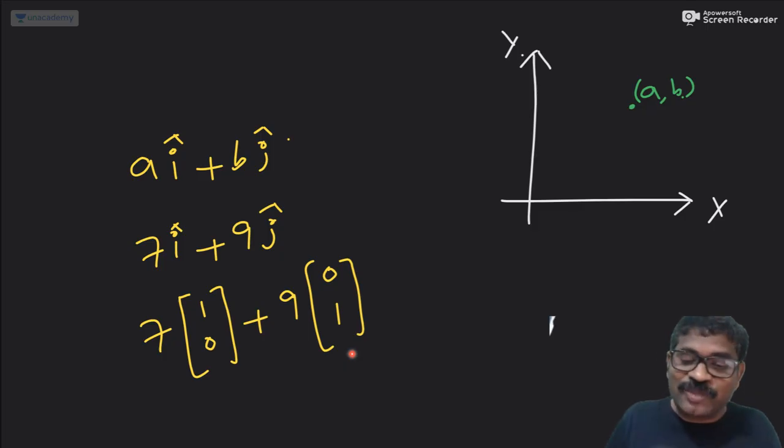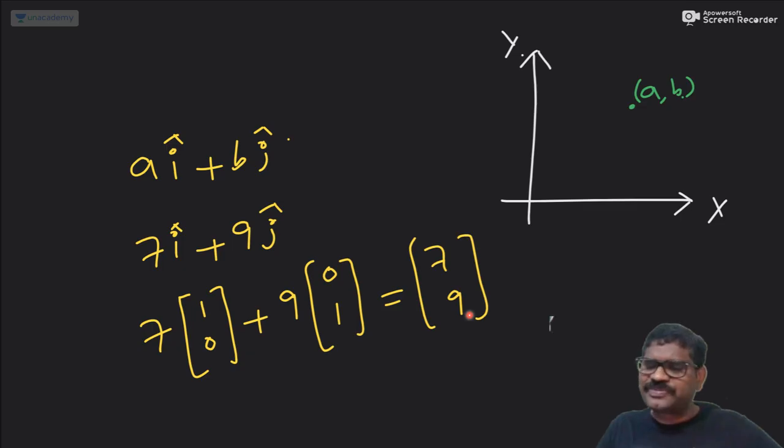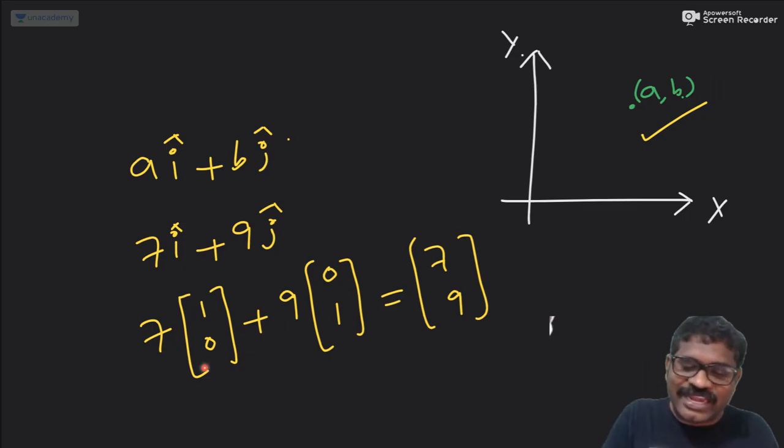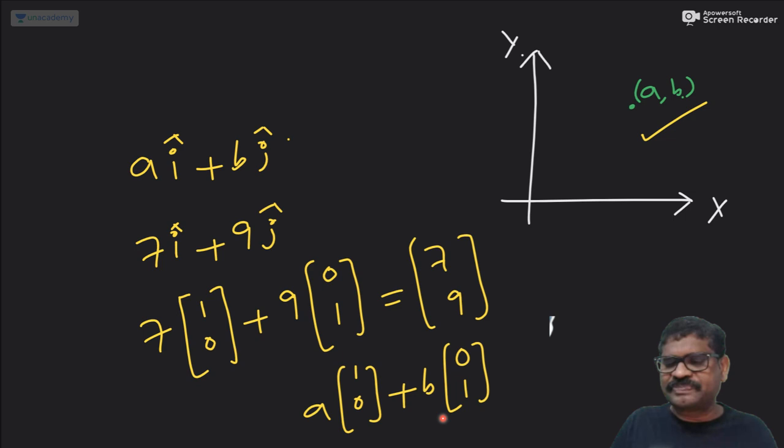Okay, so this is nothing but (7,9) or not. So any vector of this two-dimensional plane can be represented in the form of A into (1,0) plus B into (0,1). Sir, what are A and B? A and B are real numbers. Whatever real numbers you have taken, those real numbers.